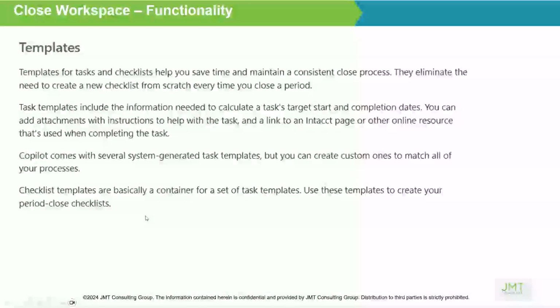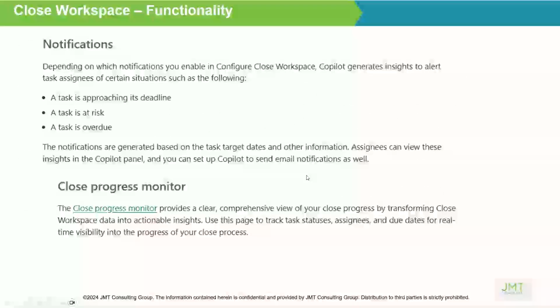It's just a container for the set of task templates. Think of it as a suitcase that carries your clothes. You can use the templates to create your own period close. What's different about this is it'll automate a lot of the process, like moving it to the next step.